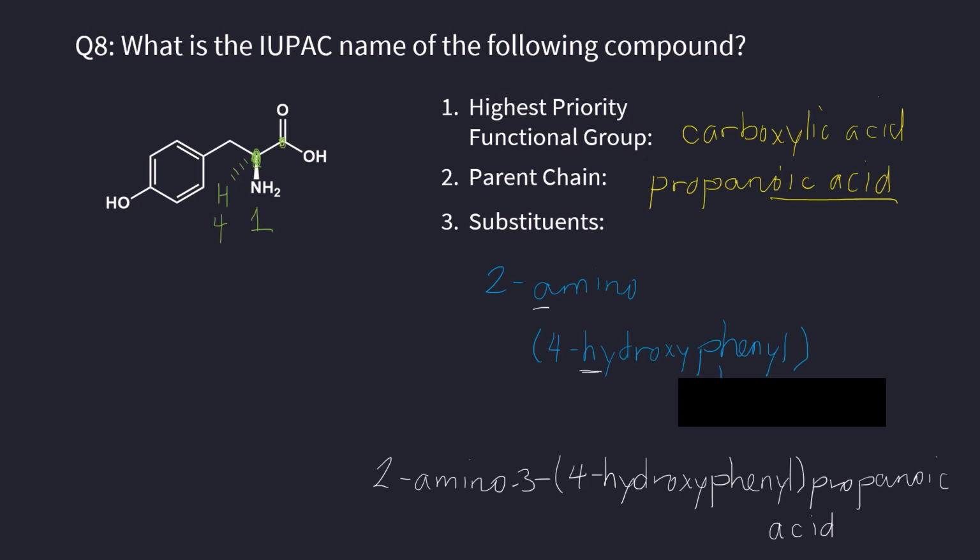This carbon has 2 oxygens attached, so this takes precedence over the other carbon, which has 2 attached hydrogens. So the configuration about this carbon is S. So 2S is the correct configuration, and we add that before the name of the compound.